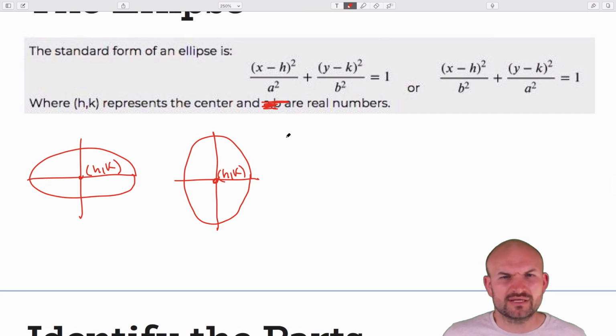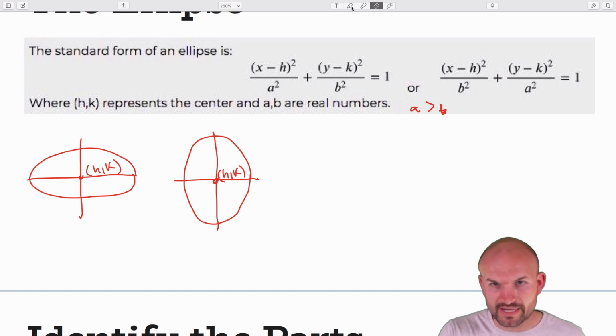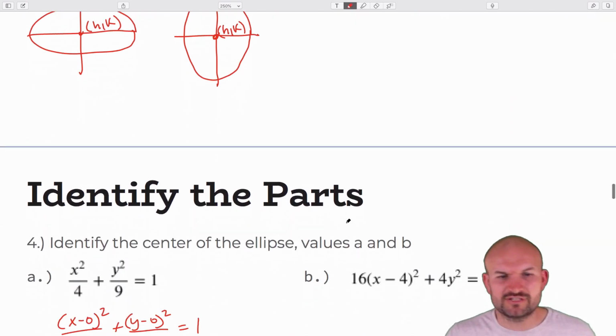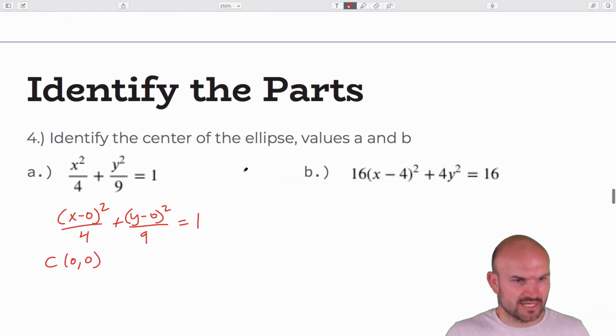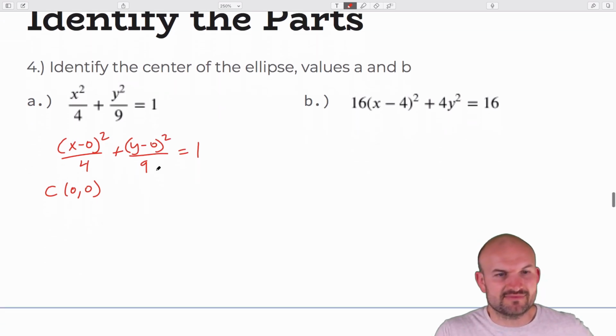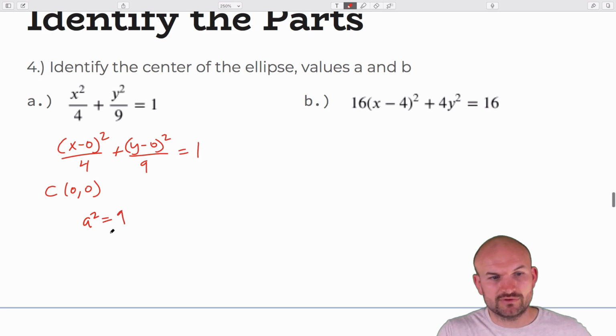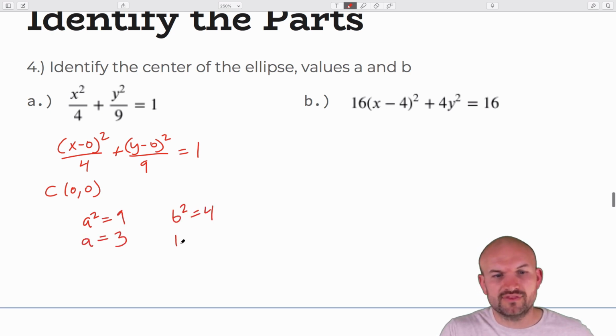Actually, no, we could kind of do this, where a is going to be greater than b. Yeah, let's just do that. Okay, so I'll add that in there. So a is always going to be larger than b. So in this case, I can say that my a squared here is going to be 9. So a squared is equal to 9, which means a is equal to 3. And b squared is 4. Therefore, b is going to be equal to 2.